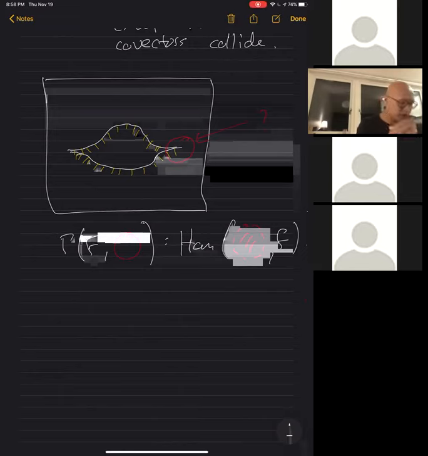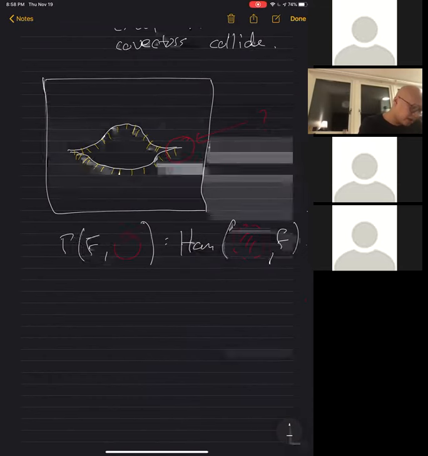I always work in the derived category. So sections of this thing is the same as Hom from this one.